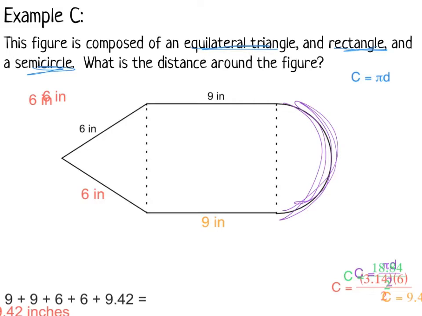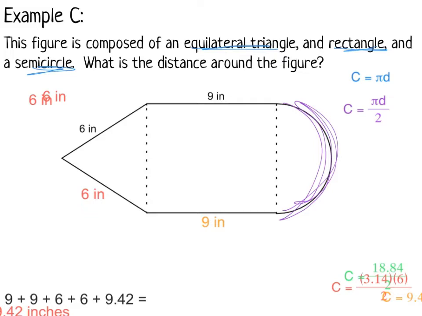I don't have the diameter here right now, but I also don't have a full circle right now. I have a semicircle, or half of a circle. So I'm going to need to fix my formula so that it's for half a circle. So for half this circle, all I would have to do is divide by 2. So my new formula that I'm going to use is circumference equals pi times the diameter divided by 2.